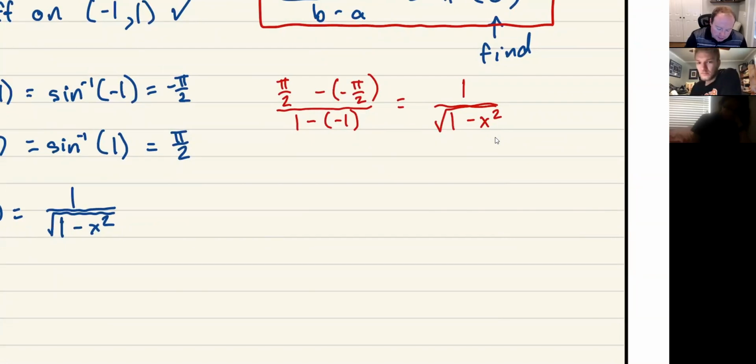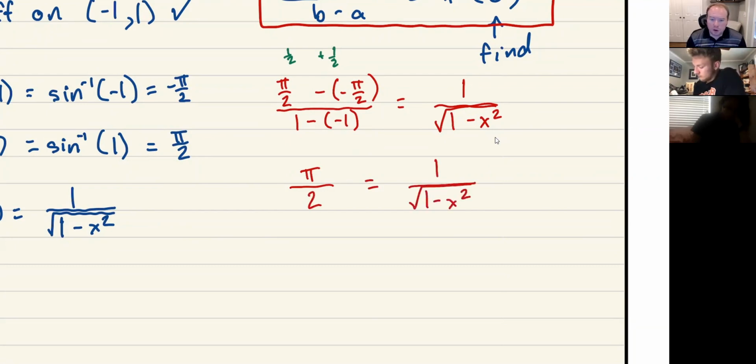Remember that you could think about this as 1/2 plus 1/2. If you ignore the pi, it's just going to be 1. So at the top, we have pi. In the denominator, we have 1 minus -1, which gives us 2. And that will be equal to 1 over the square root of 1 minus x squared.